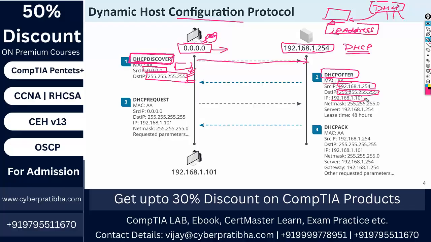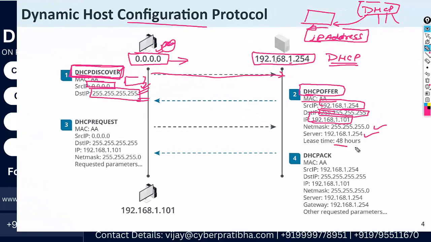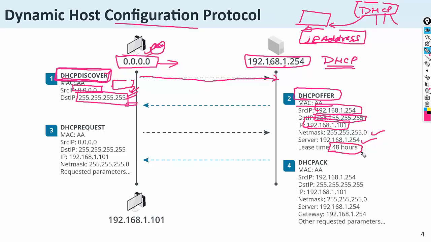This is your IP address, this is your subnet mask, this is the server providing the IP address, and the lease time is 48 hours. It means after 48 hours your IP address will be released and a new IP address will be provided to you. All this information is sent again to the client.